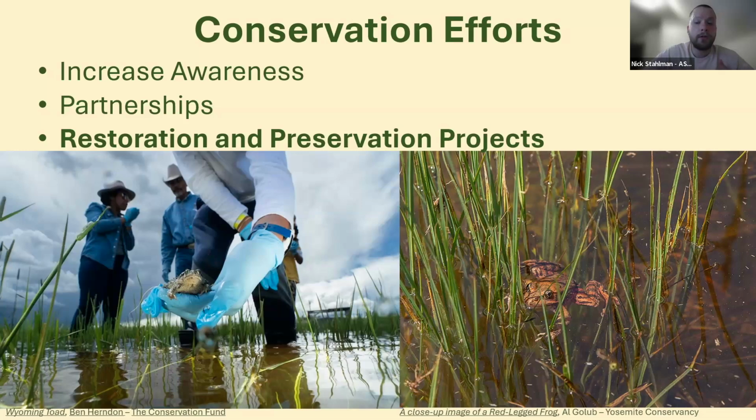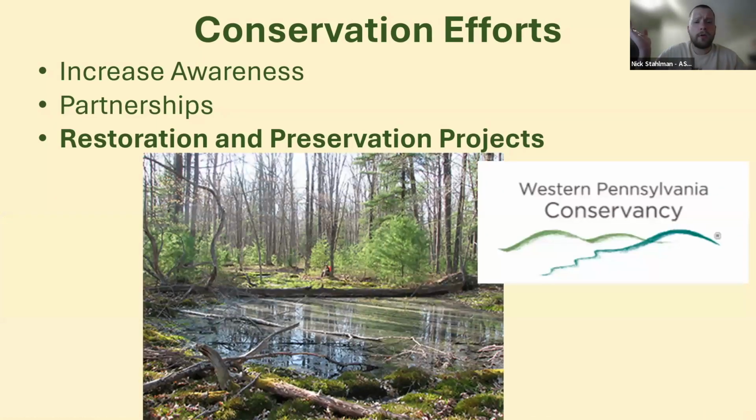After they were reintroduced, they are actually showing signs of thriving in those areas. And then in our own neck of the woods, the Western Pennsylvania Conservancy is active in acquiring and preserving vernal pool habitat, such as Wolf Creek Narrows Natural Area in Butler County.